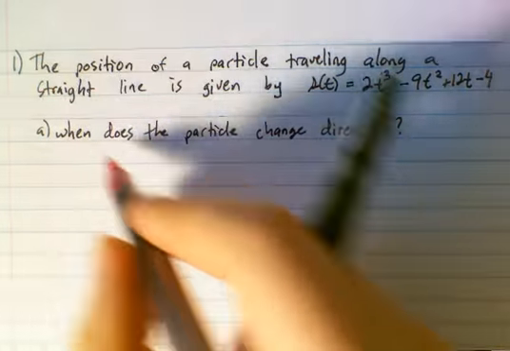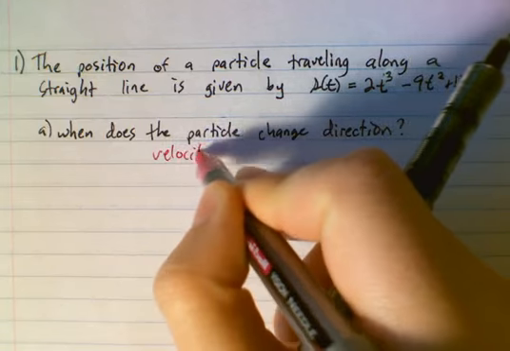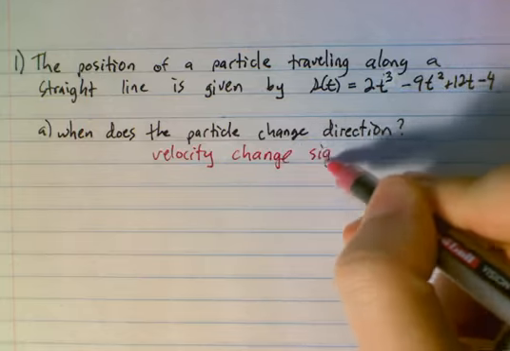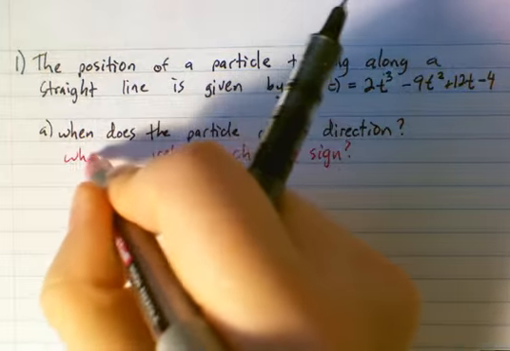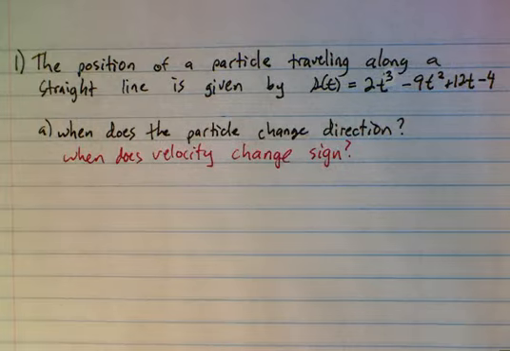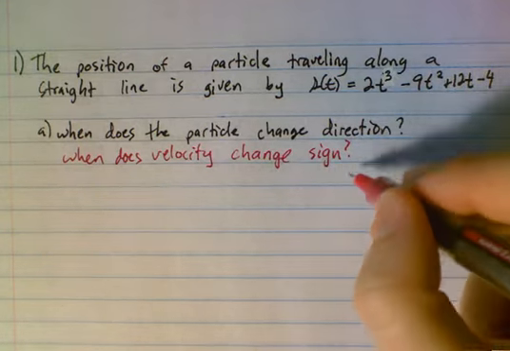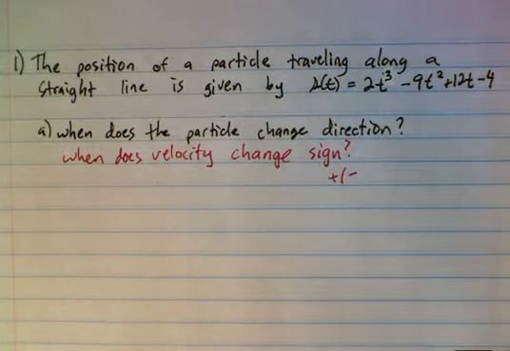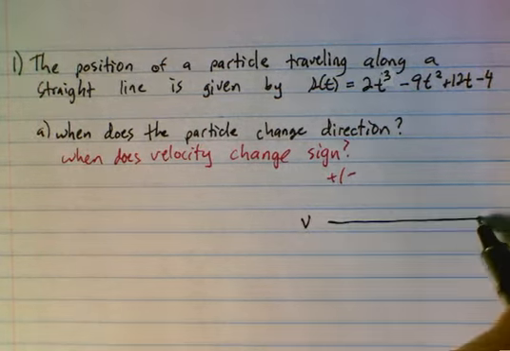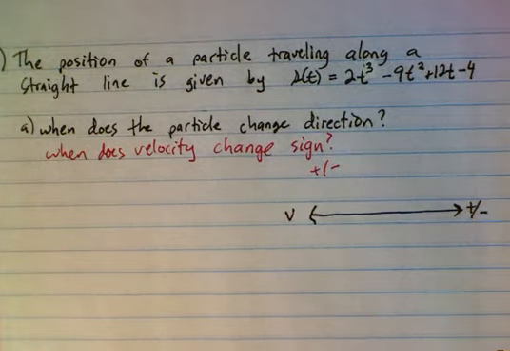I'm going to write this right here. When does velocity change sign? Well, sign, that's positive or negative. So that means that I need a chart for velocity. And it's going to be the positive negative chart.